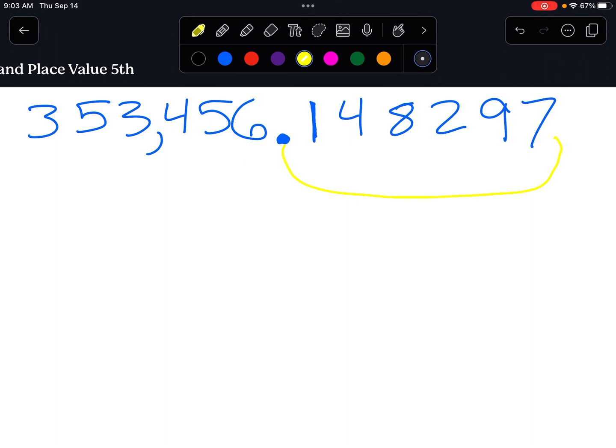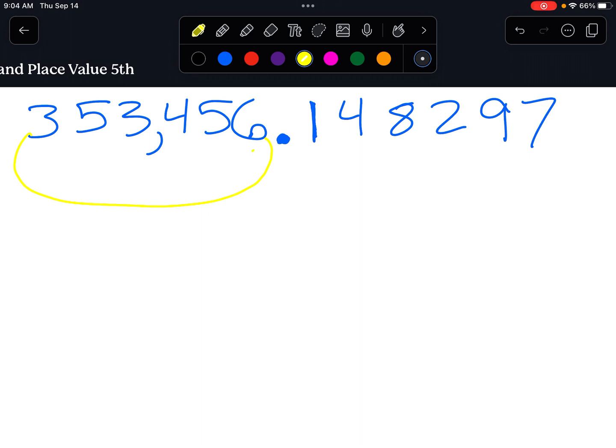First, let's start with a quick review. Let's say what this number is: 353,456.148297. You already know what the place values of the numbers to the left of the decimal point are.